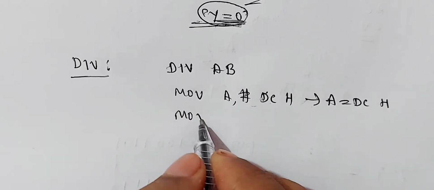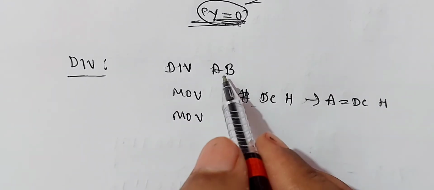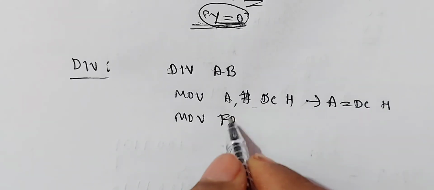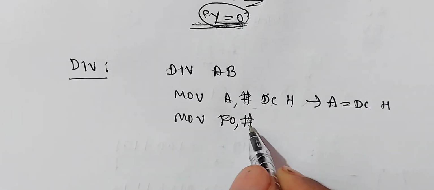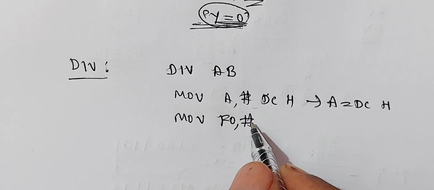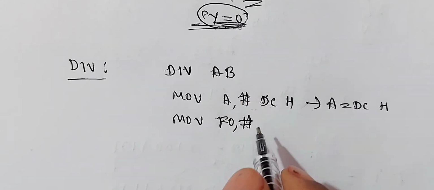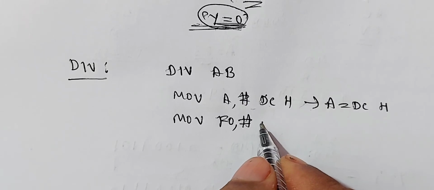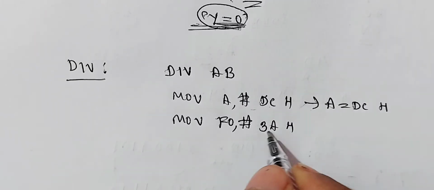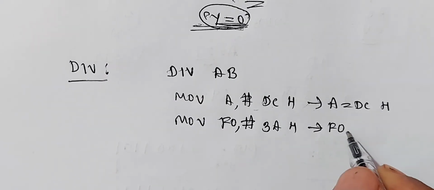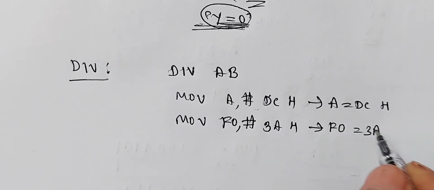I will load some other value into B. Instead of writing B, you should write its address, MOV F0, #3AH, where hash means immediate data. Immediate data DC is stored in A, and the other data 3AH is immediately stored in the register B. This implies that register B stores 3A.